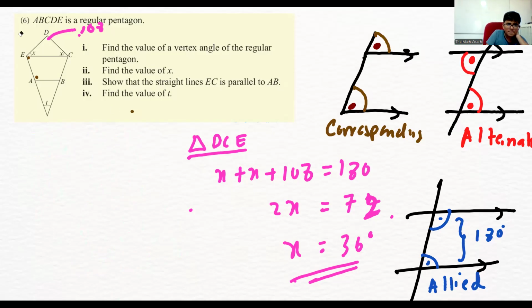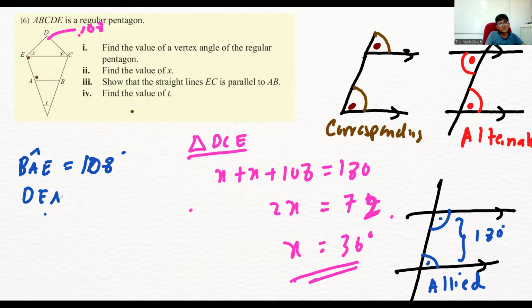So we can simply find angle BAE. So what is angle BAE? We know it's 108 degrees. Okay, what about angle DEA?